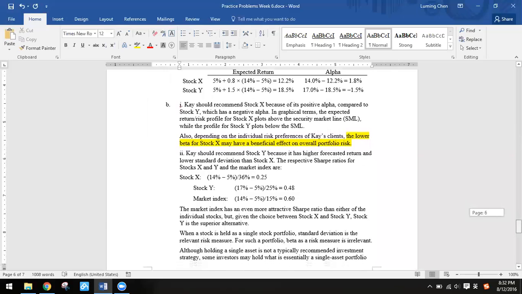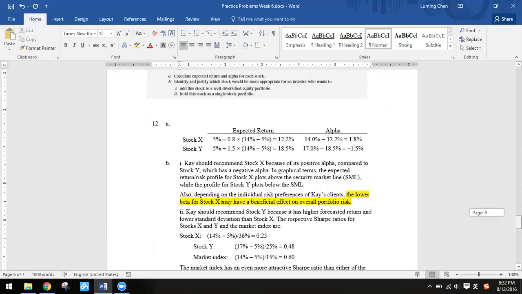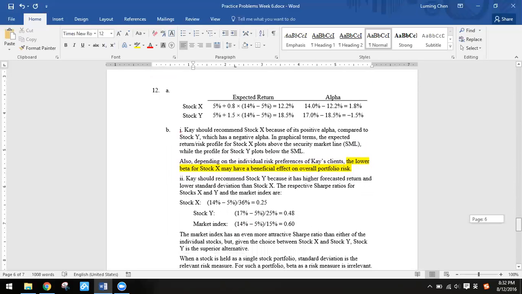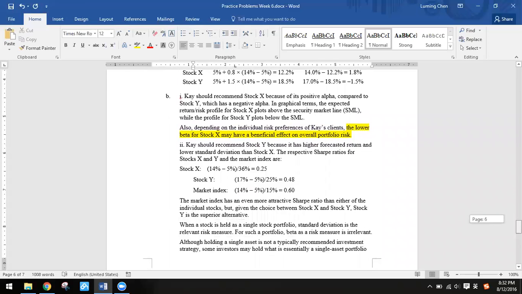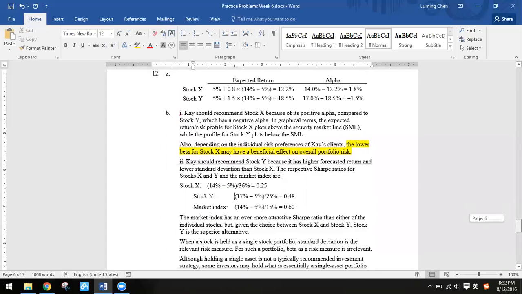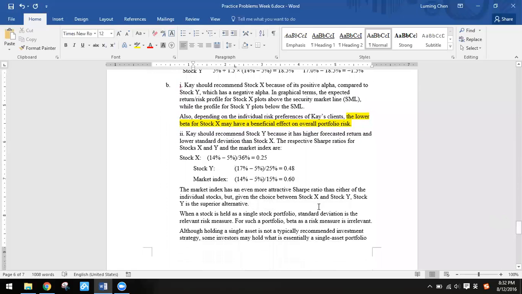So the Sharpe ratio, the forecasted excess return over the standard deviation, is indeed higher for stock Y than stock X, if we use the forecasted return as its forecasted performance. So stock Y is a superior alternative.